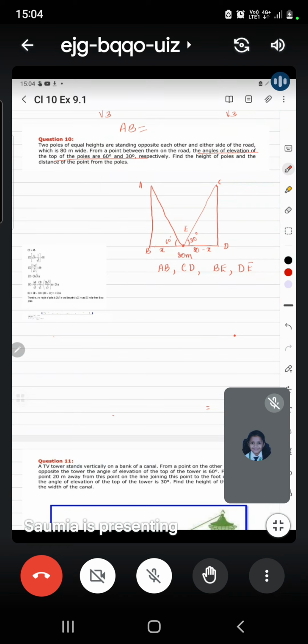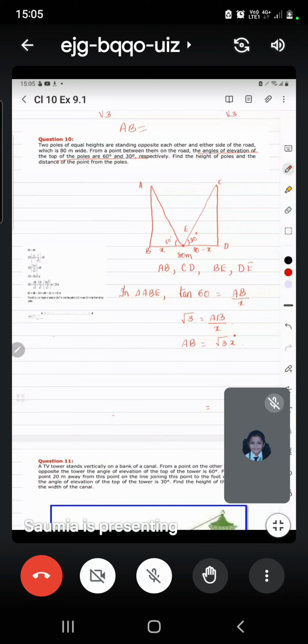If I go to the first triangle, in triangle ABE, I can use tan 60. Tan 60 will be AB upon x. What is tan 60? Root 3. So what will I get AB as? Root 3x.